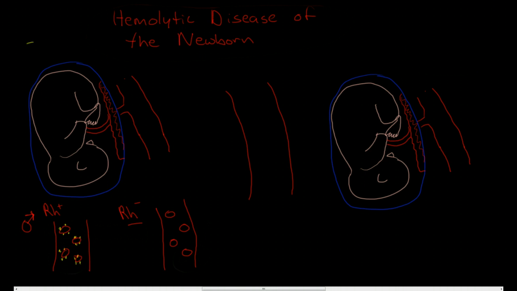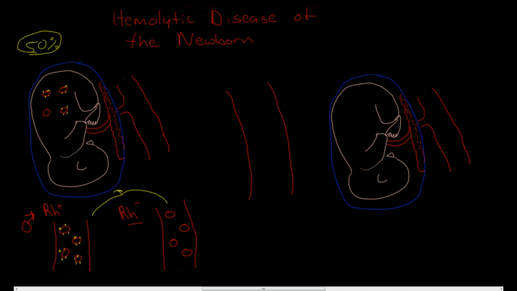Now this baby has a 50% chance, the baby between this mother and this father has a 50% chance of having red blood cells with the Rh antigen expressed on its membrane. Okay?